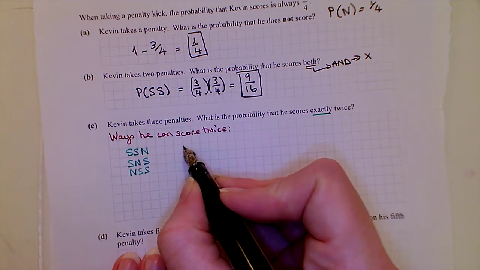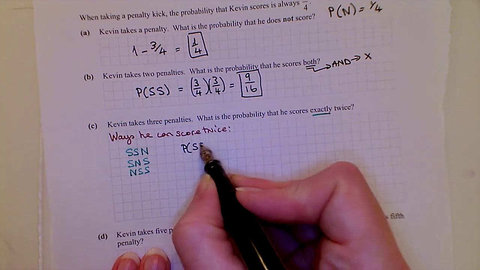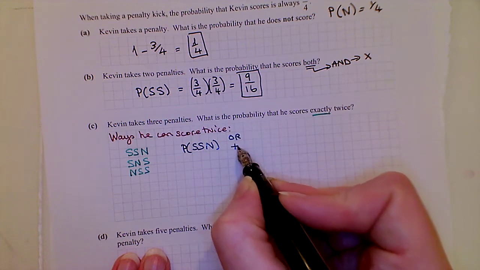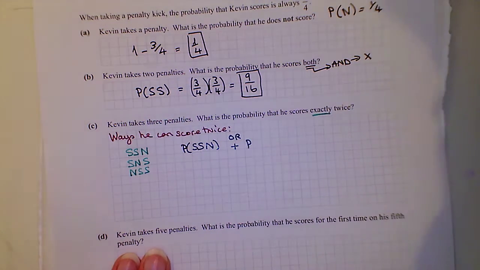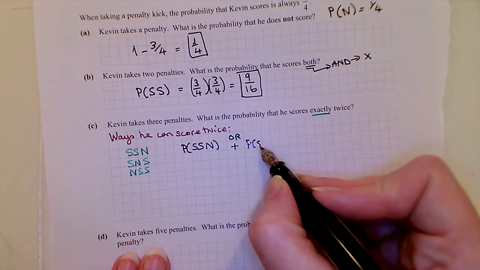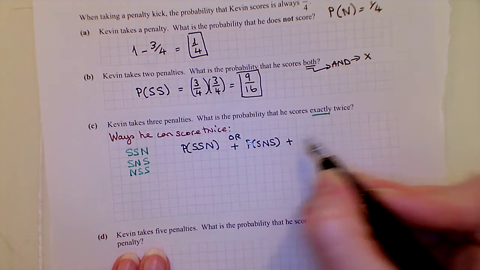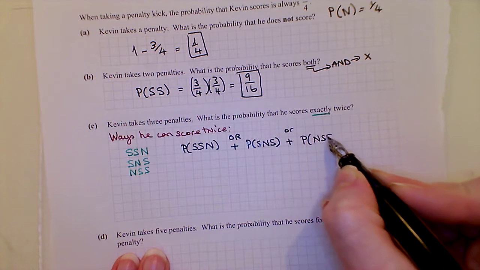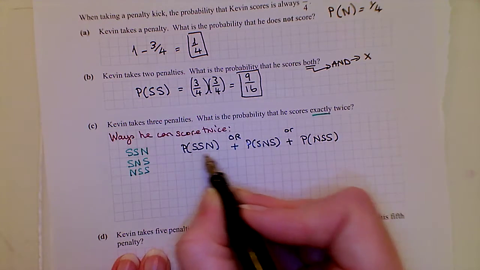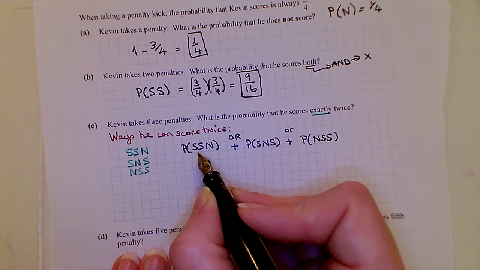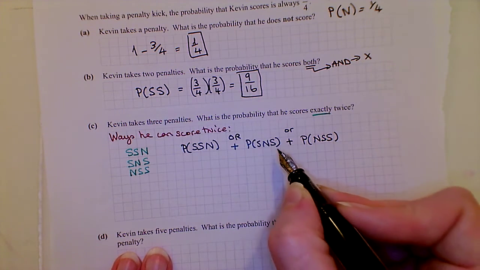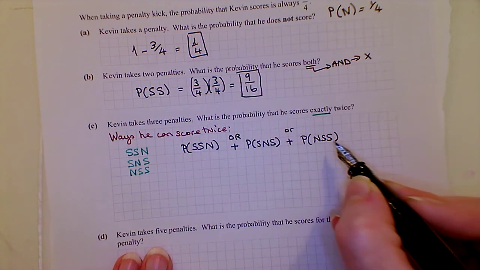And when we're doing the probabilities, it's the probability that he does it this way, or means add, the probability that he does it the second way, or the probability that he does it the third way. These guys in here, he scores and he scores and he misses. He scores and he misses and he scores. He misses and he scores and he scores.